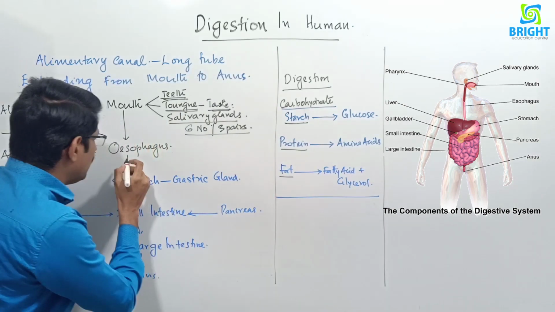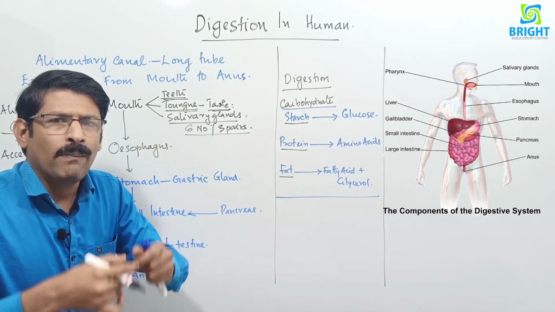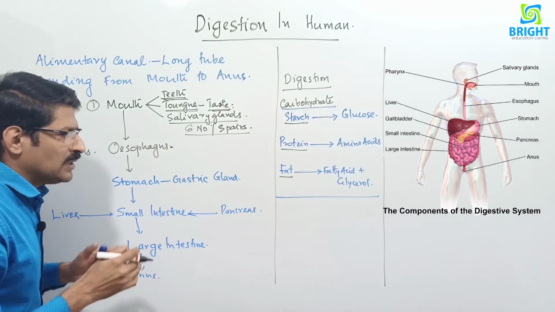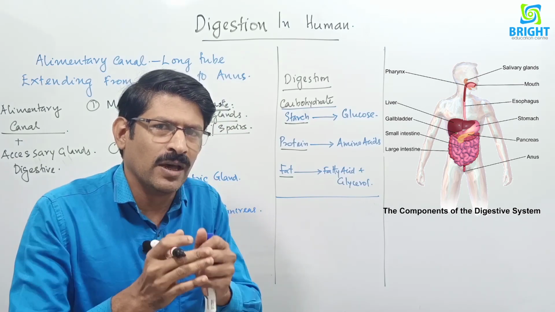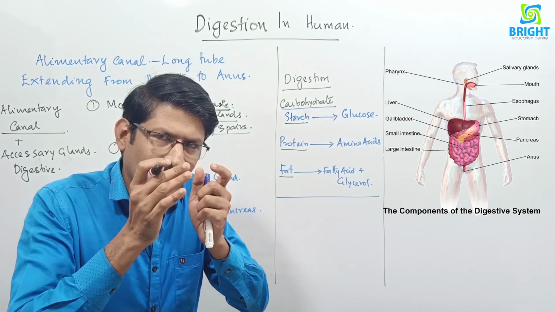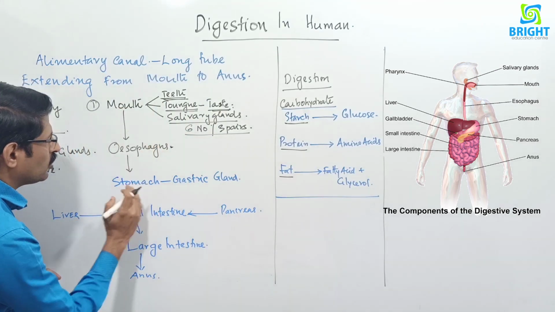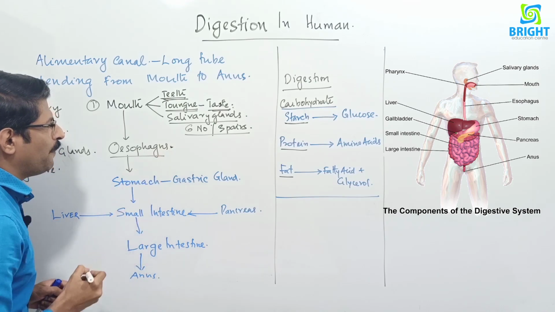The second part is the esophagus, which you can see in the diagram as a long muscular tube, and no digestive process takes place in the esophagus. It is commonly called the food pipe, which connects the mouth with the stomach.